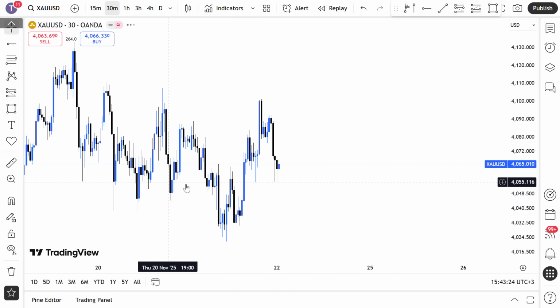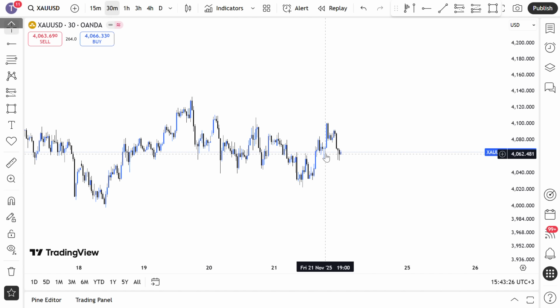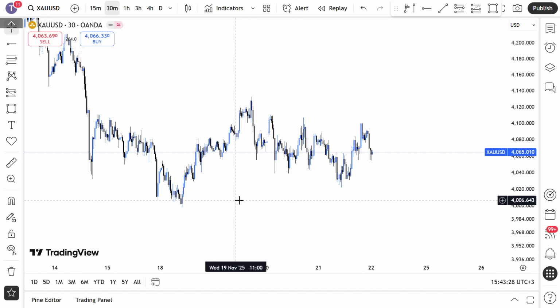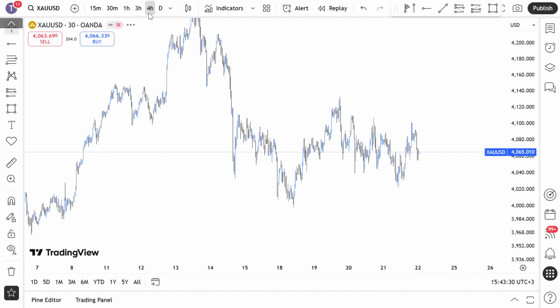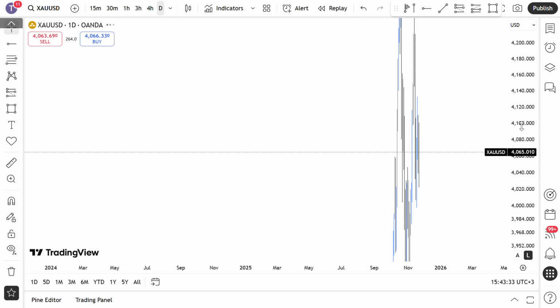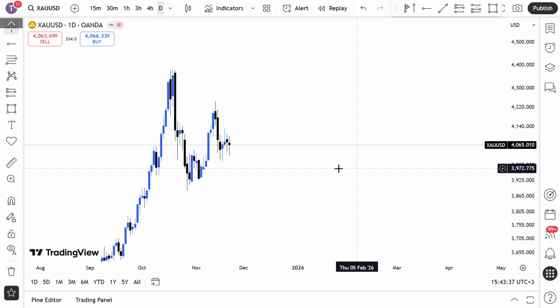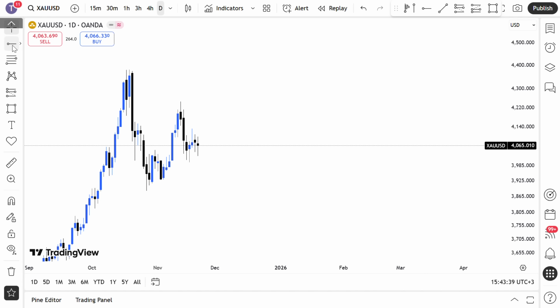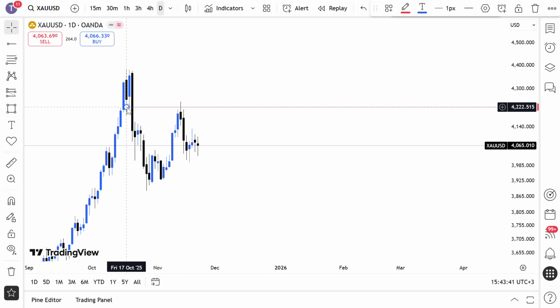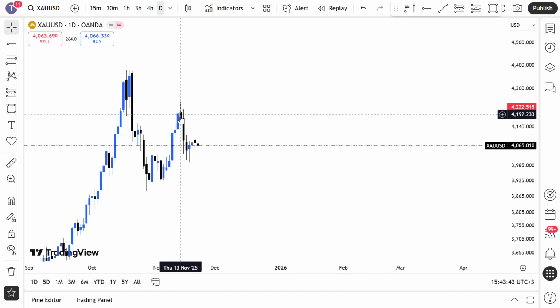I also have gold. Gold is my last pair. So on gold, from our last video on Wednesday, I told you guys that gold was reacting from this order block from the daily time frame. That is why we had this selling pressure, selling momentum to these lows.